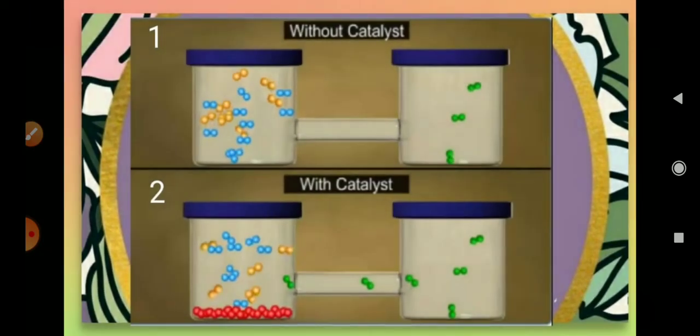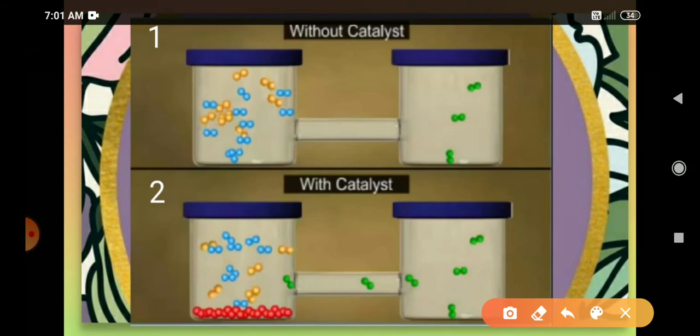Let us consider the two figures here. In the first figure you can see the particles in the first container, shown in yellow and blue color. These are the reactants, and this is the container for reactants and this is the container for product.